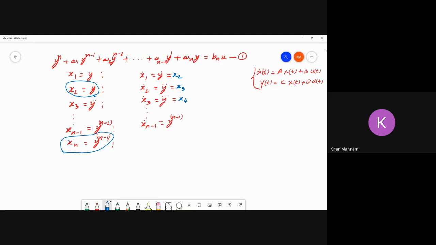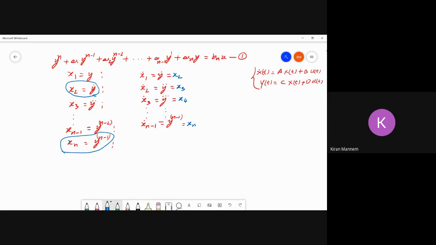So this is equal to xn. So we got all the first order state equations till x n minus 1.